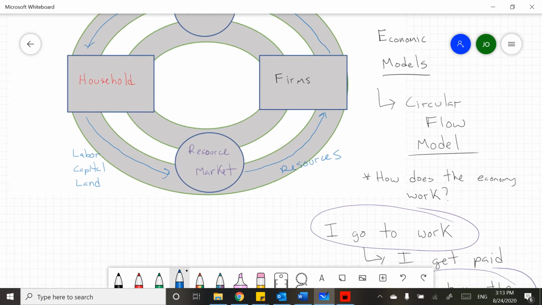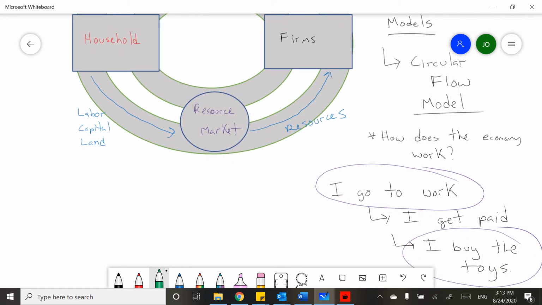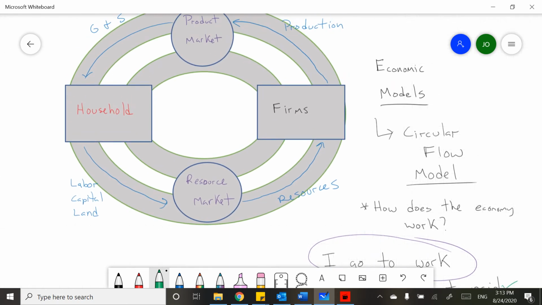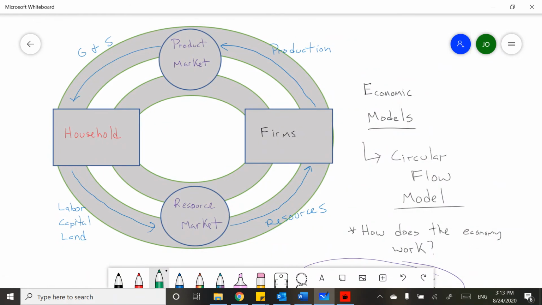Now let's talk about this part in the middle. The I get paid, right? So where does that happen? Well, that can happen in the middle circle, right? Who gets paid? Well, the firm pays me, right? And this is where you're going to have your wages, your profit, your rent, all these terms that we covered in the previous video.